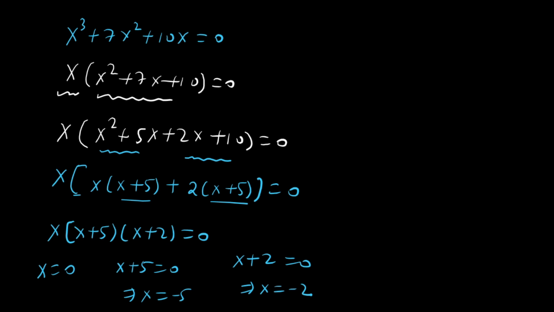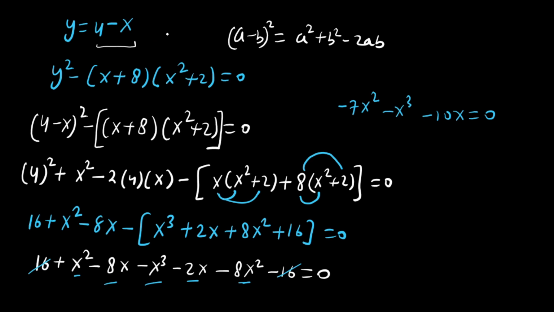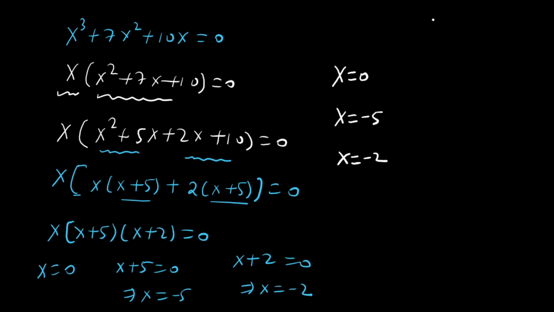The values are x equals 0, x equals minus 5, and x equals minus 2. We know that y is 4 minus x. If x equals 0, this implies y equals 4, because x is replaced by 0.